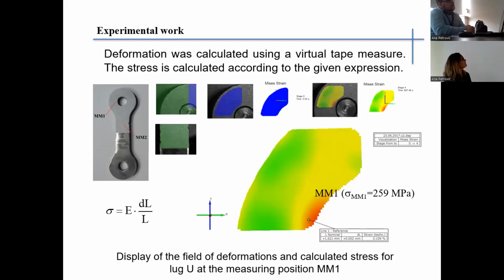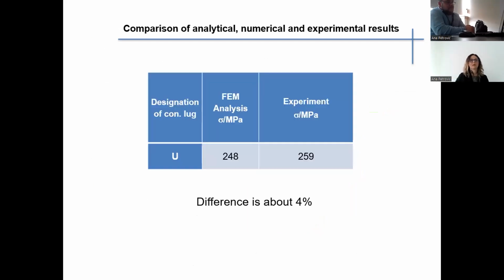You can see this area, and that is the value of stress. In this table is given a comparison of analytical, numerical, and experimental results. You can see the values of stress, and the difference is about 4%.